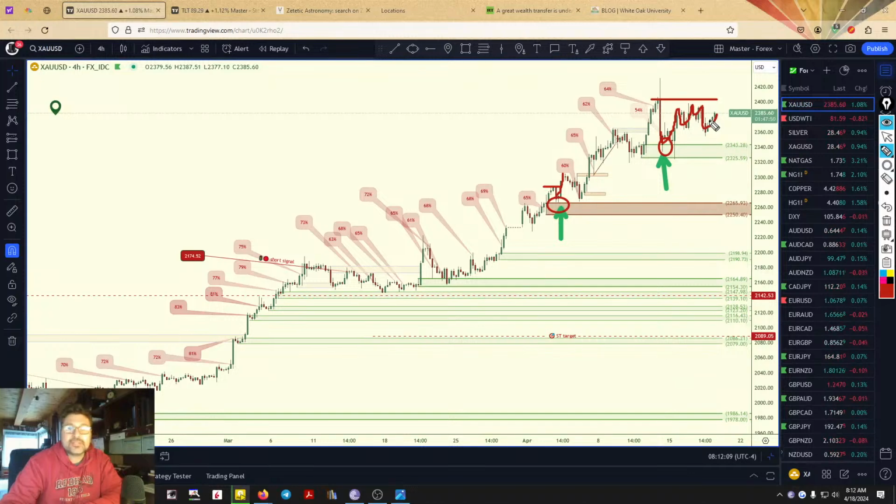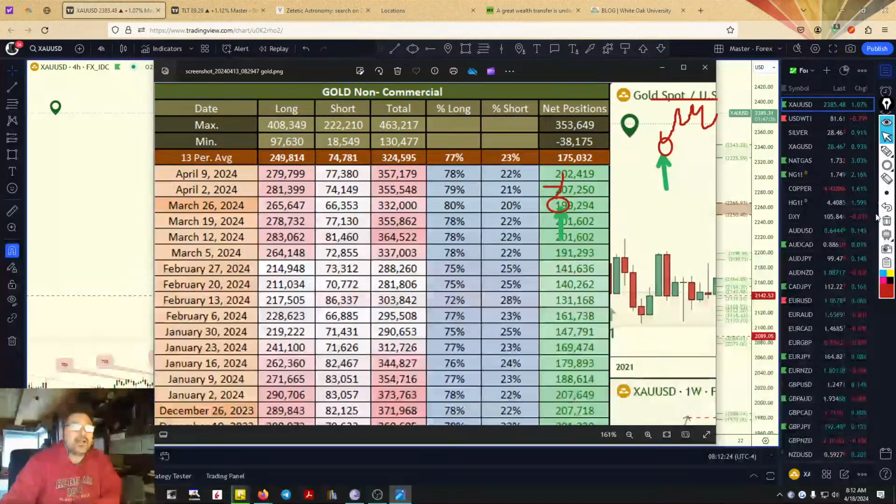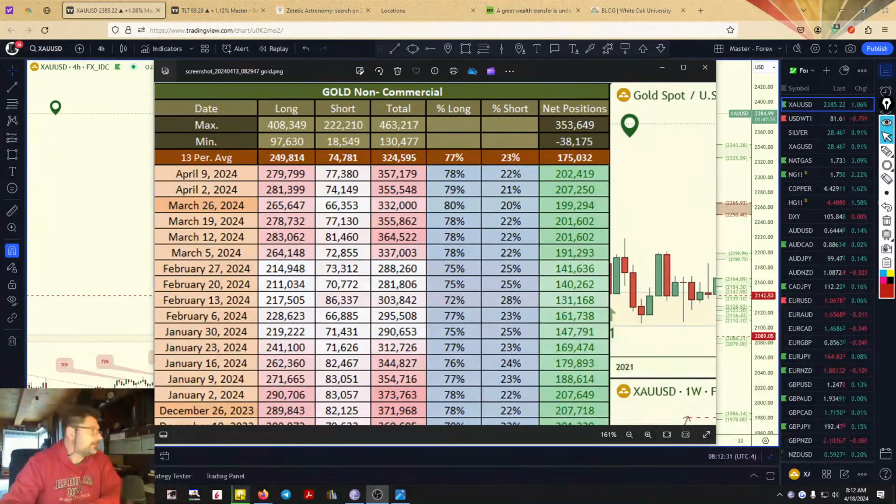So this is not a good sign for this area of demand holding, especially when we have a lot of evidence to suggest that the euro is going to be dropping soon. Okay, so these are the things that I see when I'm looking at the data. All right.